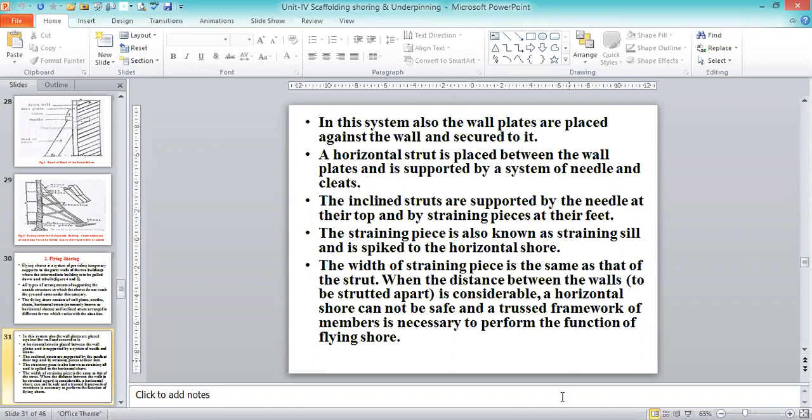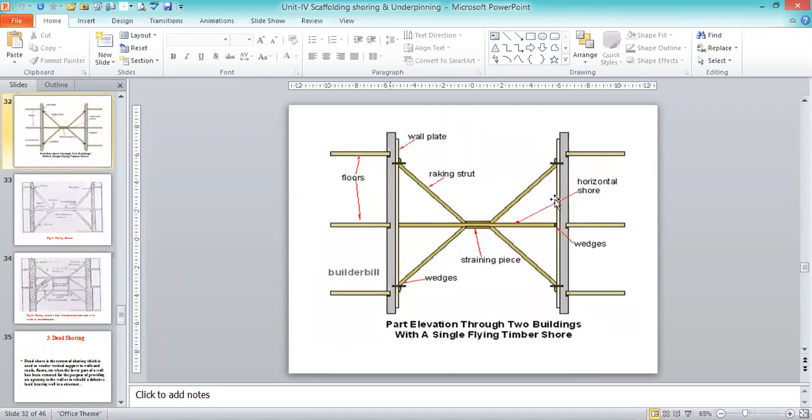Just go to the diagram and you can understand what the flying shore is. This is one building and this is another building. These are two buildings, and the walls of the two buildings are visible. The intermediate building is going for the shoring operations. For that, how is the arrangement done? Wedges are provided.